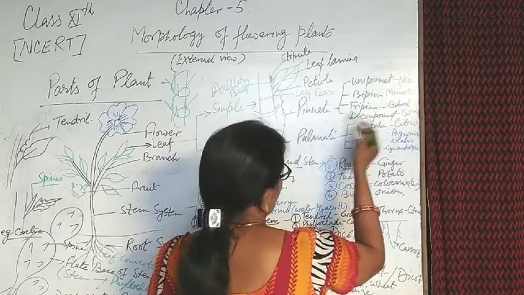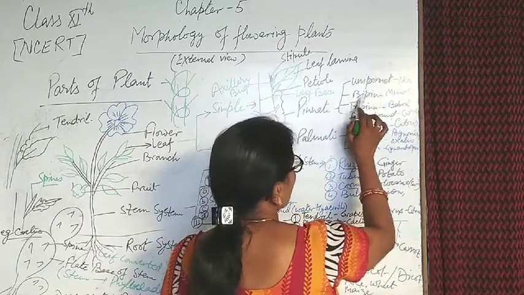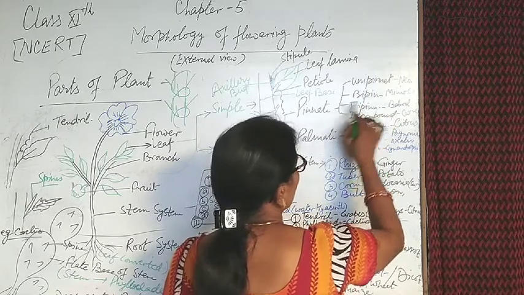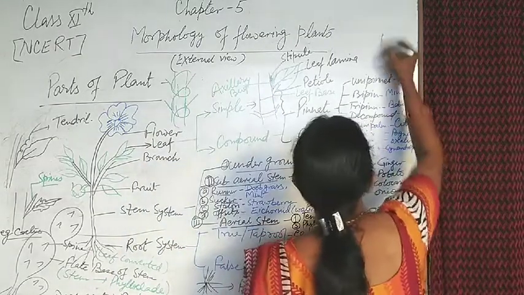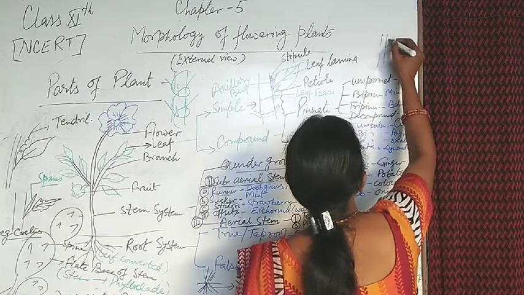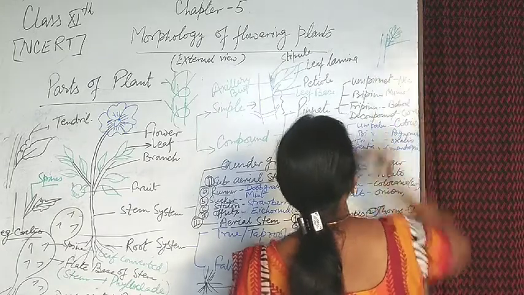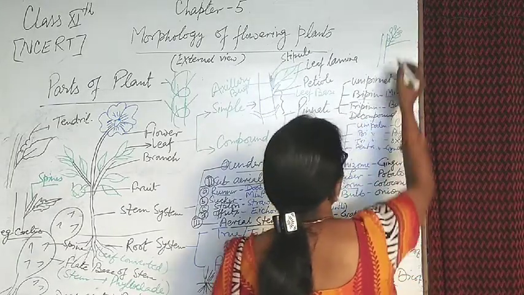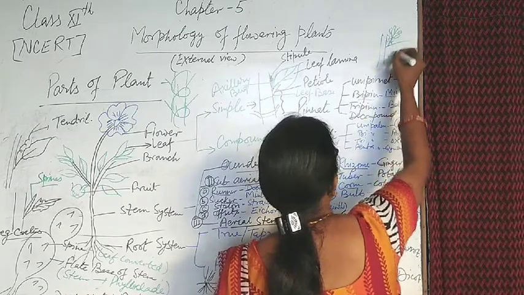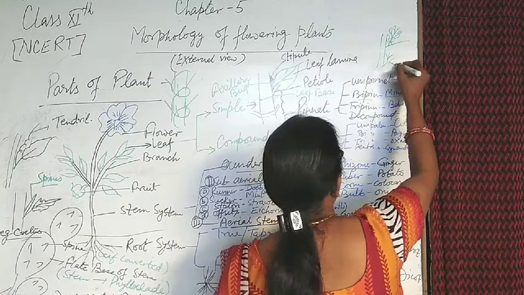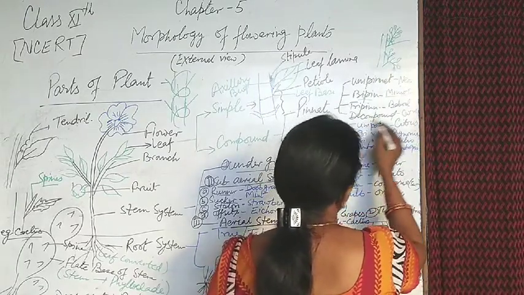Pinnate leaf is further divided into four types: unipinnate leaf in neem, bipinnate leaf in mimosa, chhui mui, touch me not, and tripinnate leaf, like this, in baboon.